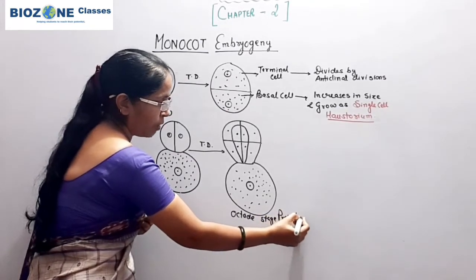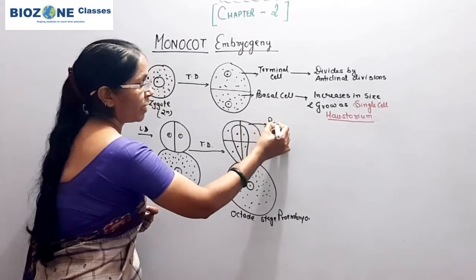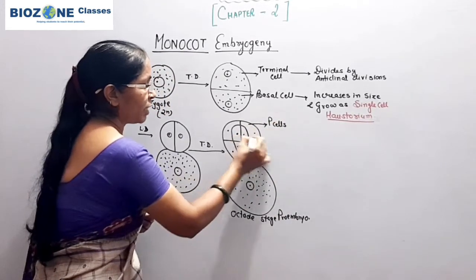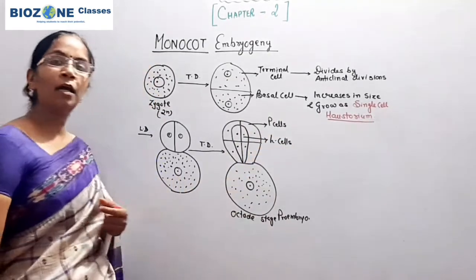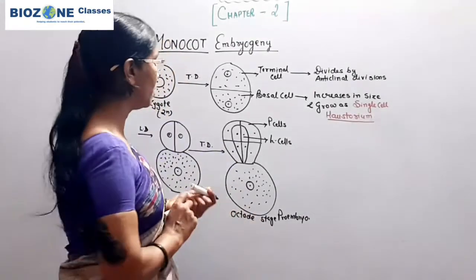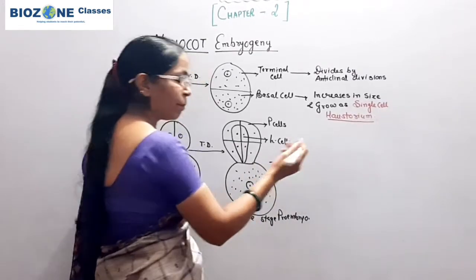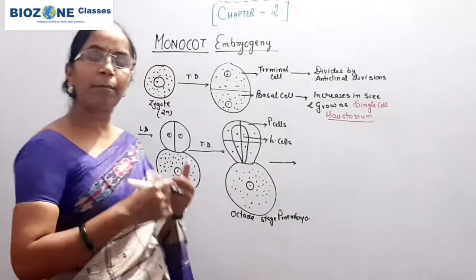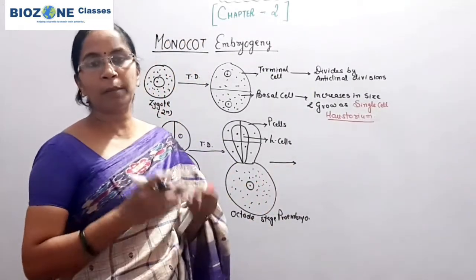Pro-embryo. Now after that, the outer four cells are called peripheral cells or P cells, and the centrally present cells we named L cells, because these appear clearly from the lateral surface. Monocot embryo development as compared to dicot takes place quite easily and requires the minimum divisions.